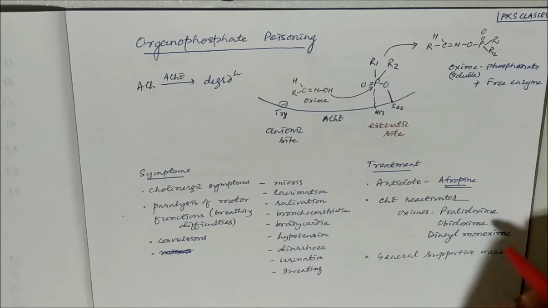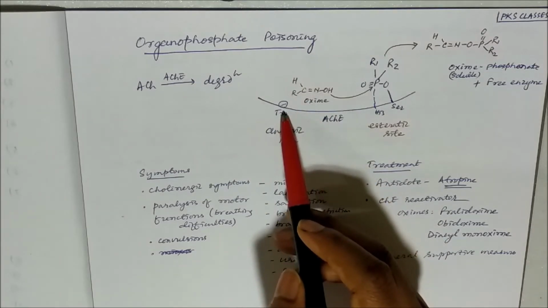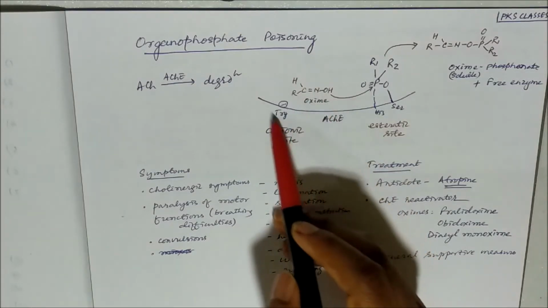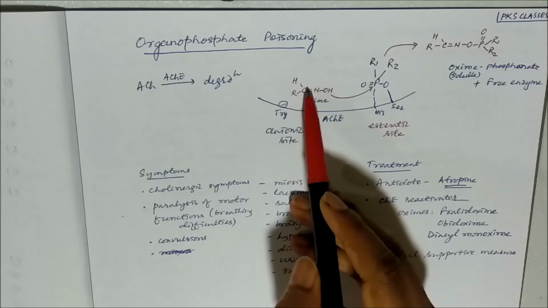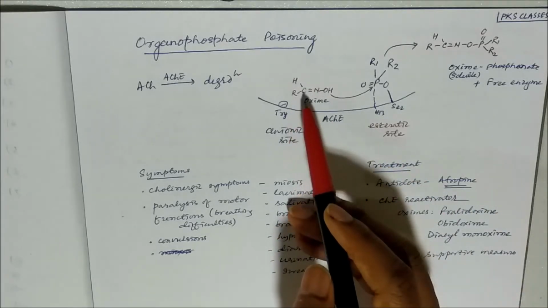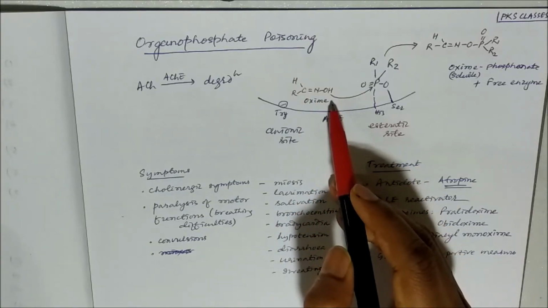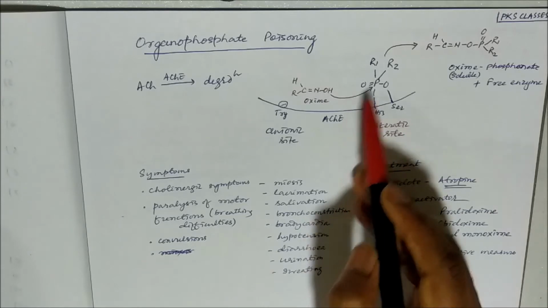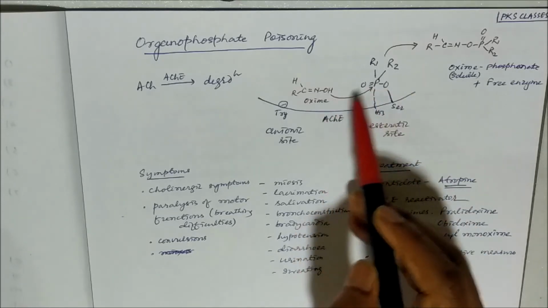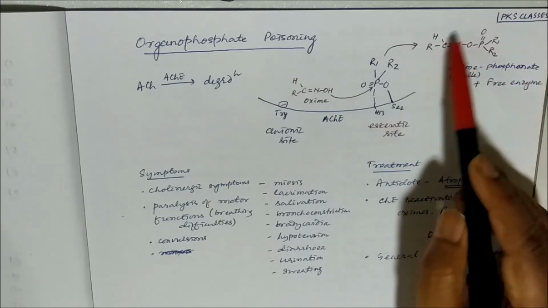These oximes bind to the anionic site, which is free, because the organophosphate binds only to the esteratic site. Then, because of close proximity with the phosphate group, they regenerate the enzyme by forming a complex with this phosphate, which becomes oxime phosphonate, which is soluble.